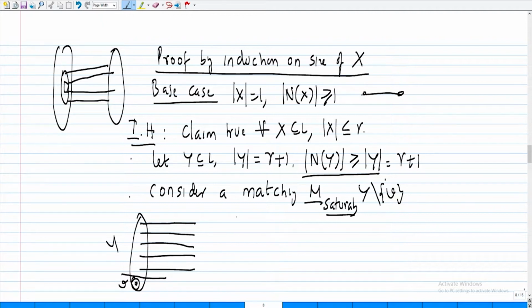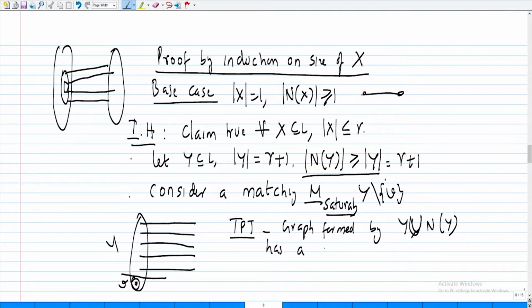We now show that the graph formed by Y and N of Y, where the left hand side is Y and the right hand side is the neighbors of Y, has an M augmenting path.